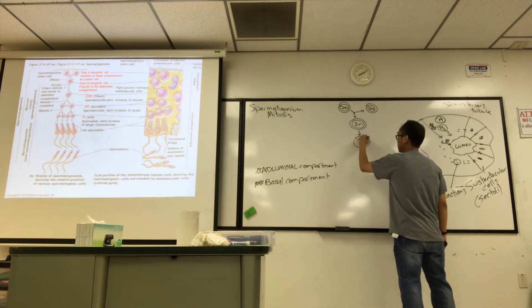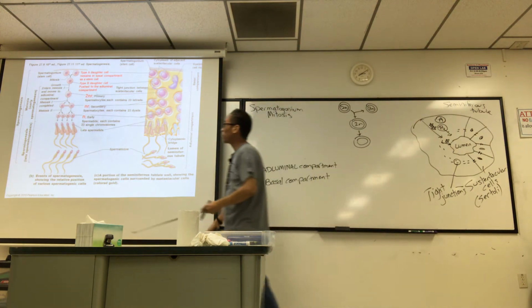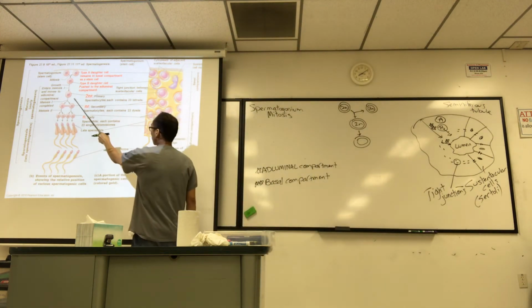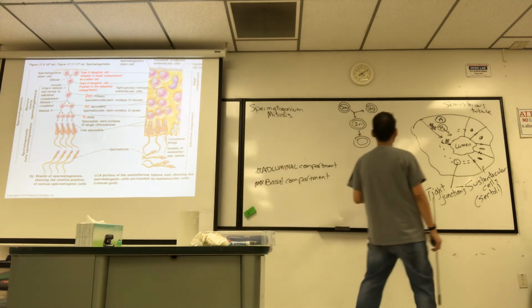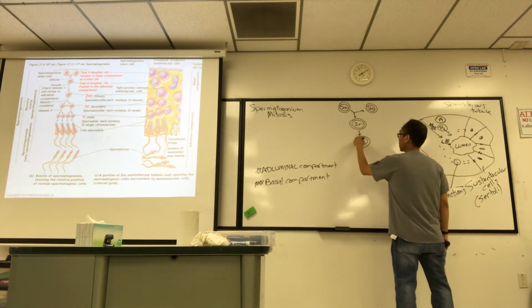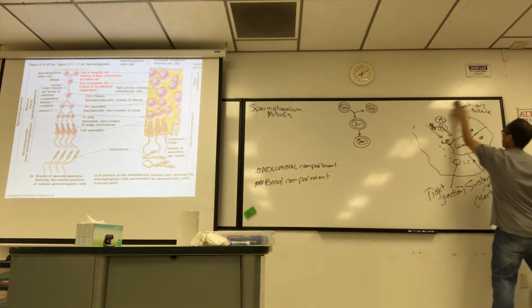So you take that cell, you push it. Now it's going to enter the meiotic process right here. You call a cell now a primary spermatocyte. 2NR. They put 2N, I put 2NR because we know what that means.